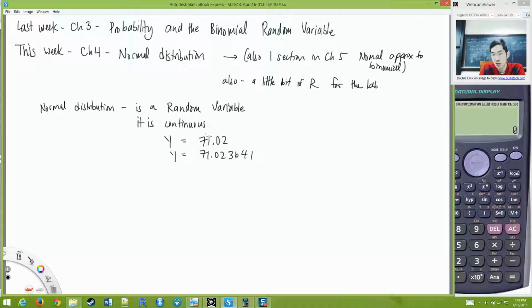So it's continuous. There's no restriction in terms of the values it can take. So technically, results of the normal distribution could be anywhere from negative infinity to positive infinity. So a true normal distribution goes from negative infinity to positive infinity.